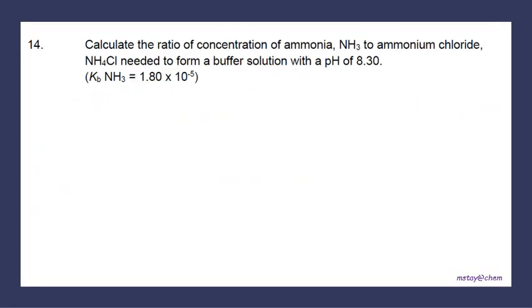Tutorial question number 14. Calculate the ratio of concentration of ammonia to ammonium chloride to form a buffer solution with a pH value of 8.3. Basically, we know that this is a basic buffer solution, because the Kb value is given, so we know the ammonia is the base.